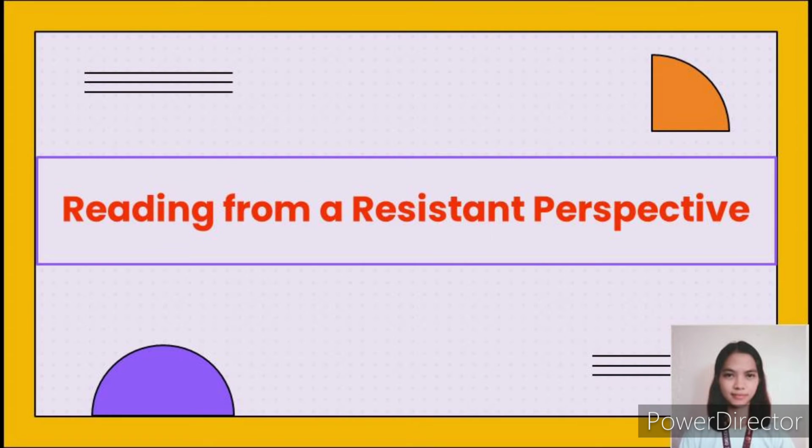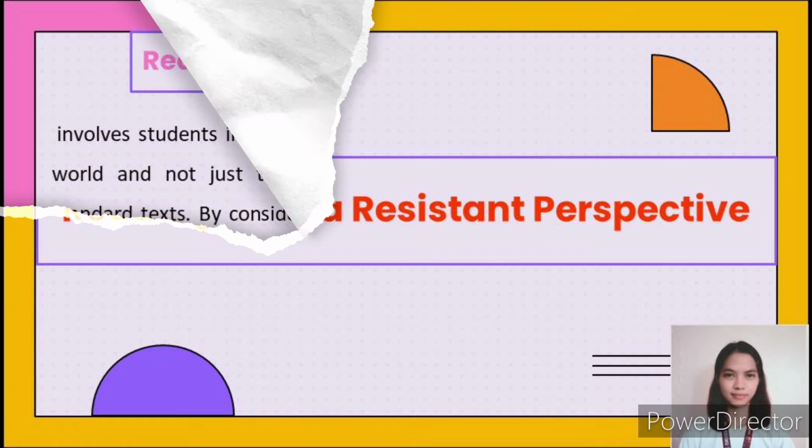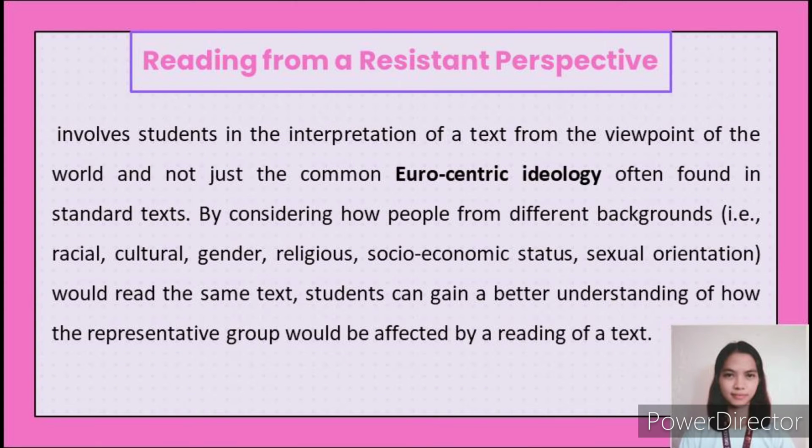Reading from a resistant perspective. Berman suggests that the practice of reading from the perspective of resistance involves students in their interpretation of a text from the viewpoint of the world and not just the common Eurocentric ideology often found in standard texts, by considering how people from different backgrounds, that is, racial, cultural, gender, religious, socioeconomic status, sexual orientation, would read the same text.